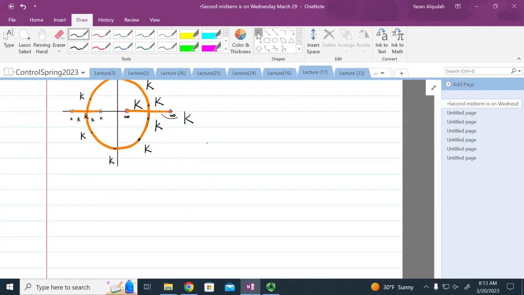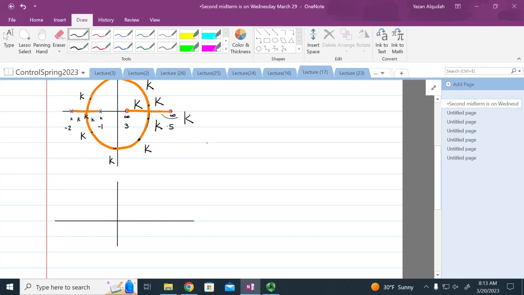We can come here and represent the relationship between k and the location of the poles like this. So in this case, I'm going to just put numeric values on these pole locations. We have this one at -2, this one is at -1, this is at 3, and this is at 5.